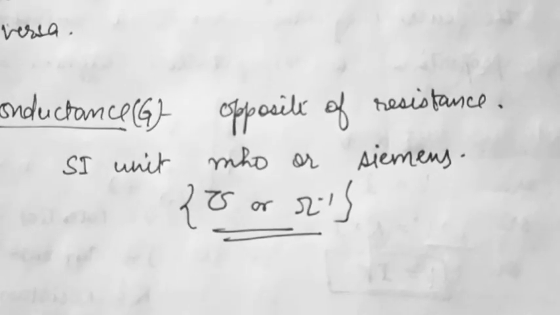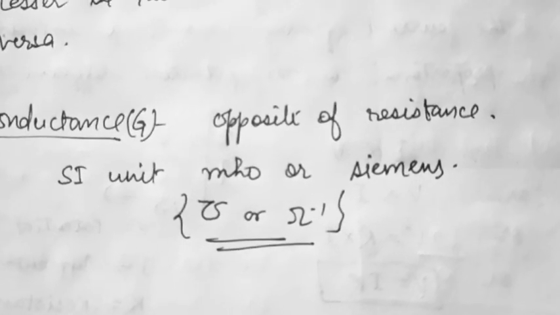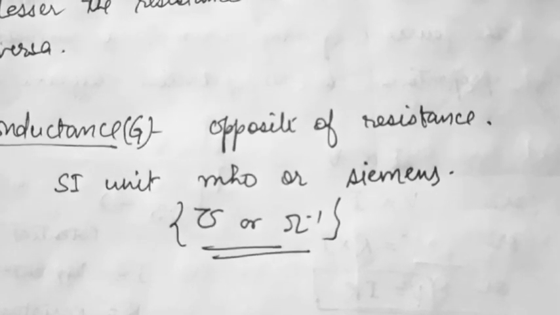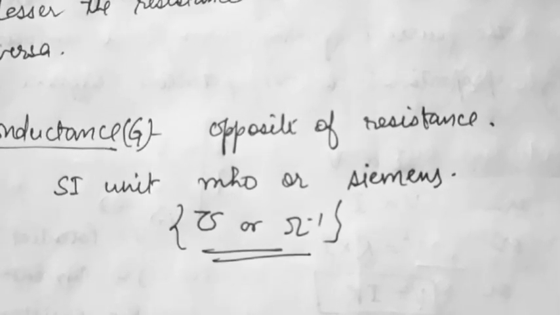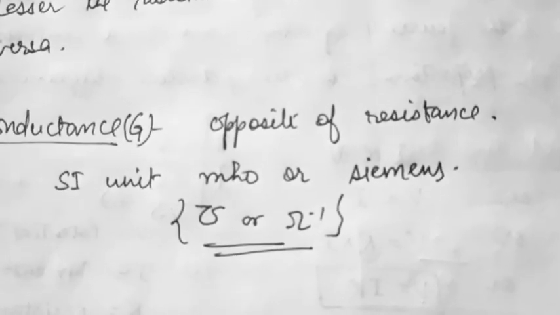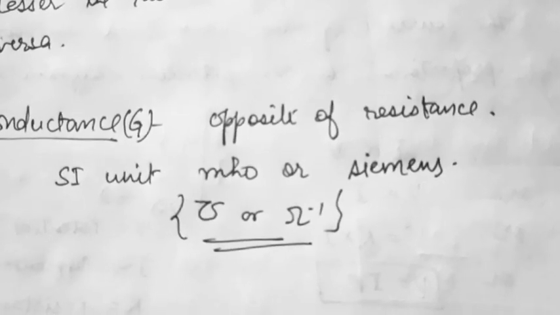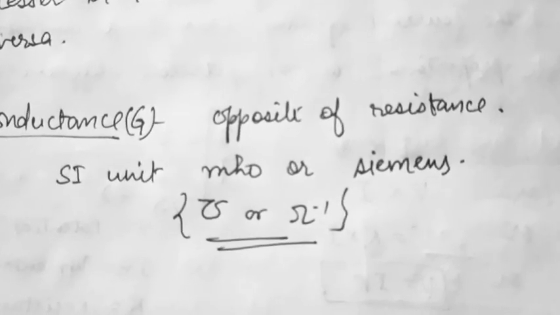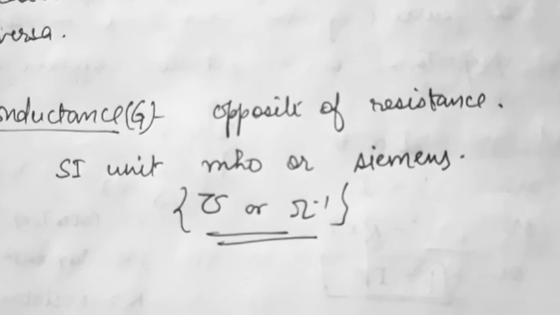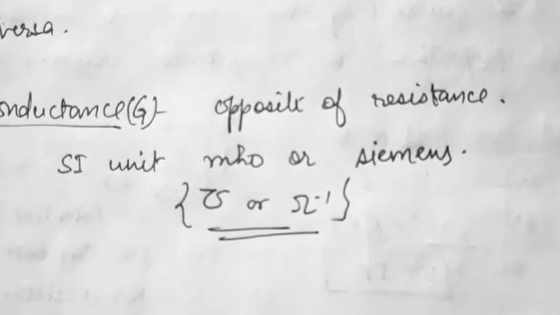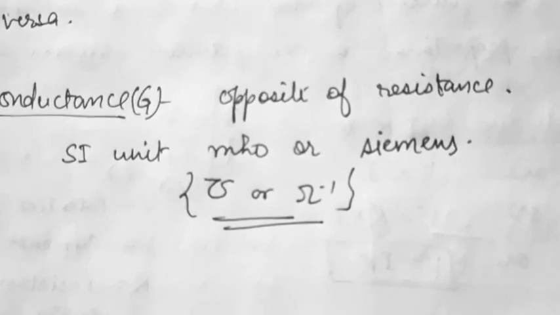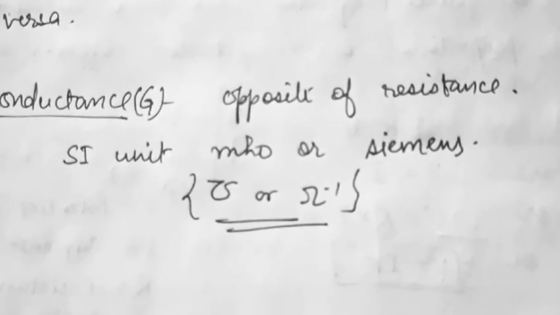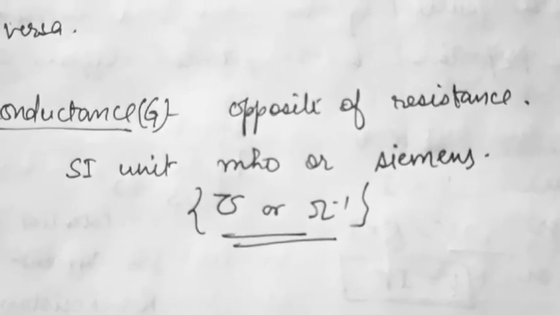Just for your extra knowledge, there is one more term called conductance, and this conductance is the opposite of resistance. This is not part of your syllabus, but for your knowledge, conductance is represented by G, and it is the degree of easiness with which the current flows through a material, and the SI unit is mho. Ohm reversed is mho, or you can write it as Siemens.